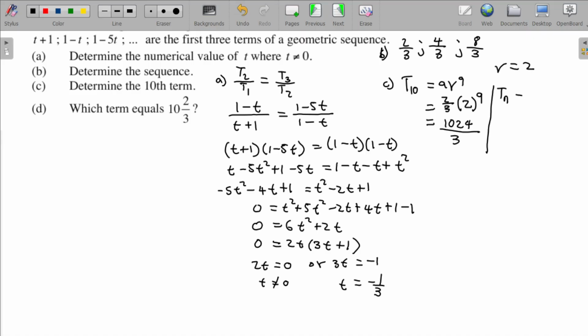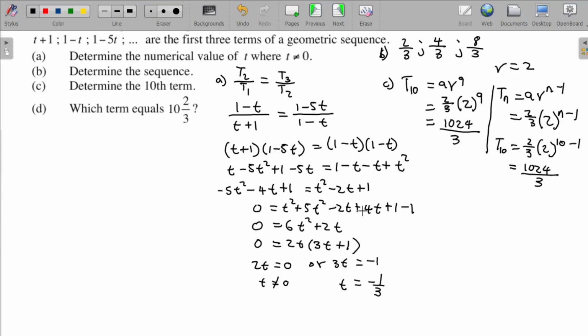I'm going to say Tn equals A times R to the power n minus 1, and then A is 2/3, and my R is 2, to the power n minus 1. You find this as your nth term, and then from there you find your T10. You say T10 is equal to 2/3 times 2 to the power 10 minus 1, and then you get the same answer as this one, which is 10 2/3.